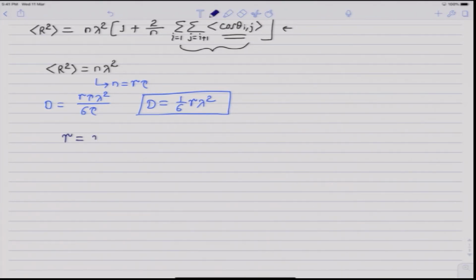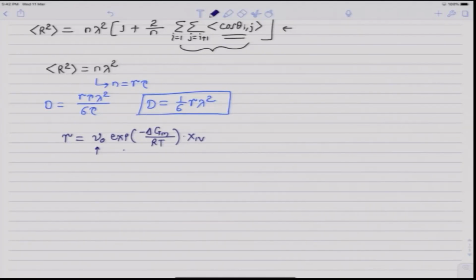as nu0 exponential minus delta Gm by RT times X1v. Nu0 here is the Debye frequency, that is the number of times an average atom vibrates per unit time.